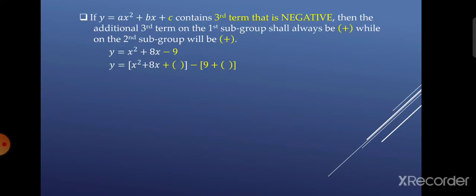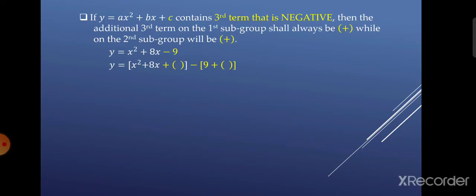Close bracket. Earlier, plus blank, minus blank. This one, plus blank, plus blank. So plus plus is used if the third term is negative. Plus minus is used if the third term is positive.